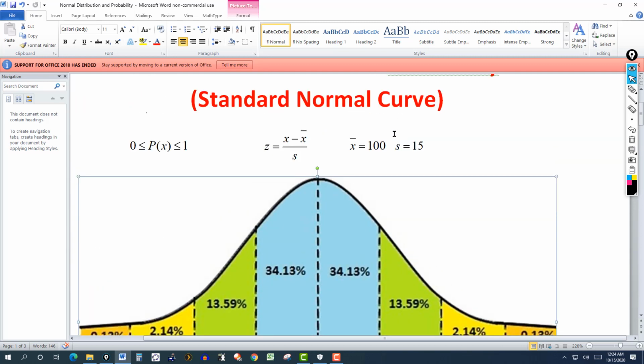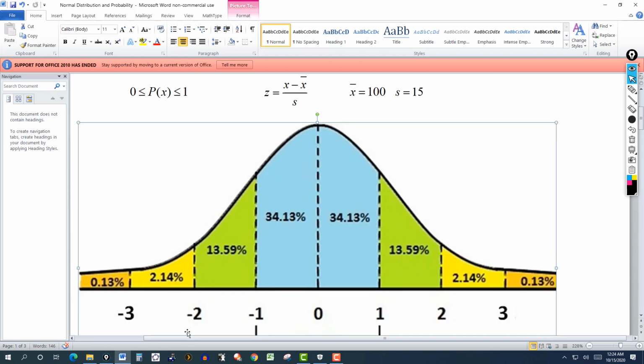So for example, again, the 0 represents the mean. In this case, it would represent 100. So this would be 100 right here. If I started from scratch, this would be 100.